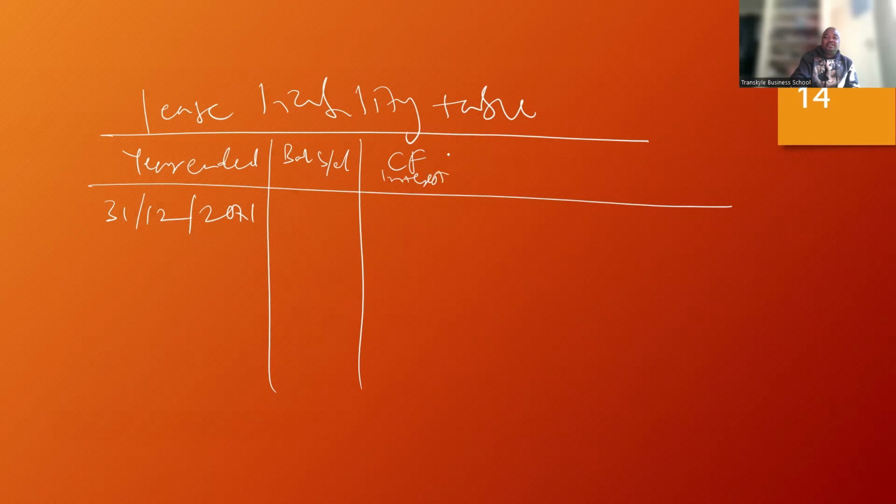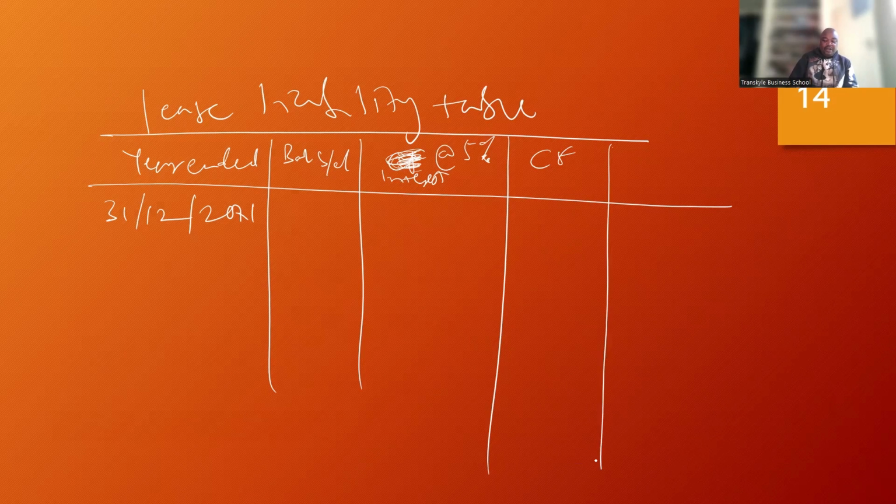The interest at what percent? 5%. Interest at 5%. Then this interest is going to be reduced by the payments. Actually, it's good to just talk of the actual payments as the cash flows, which are going to be paid.